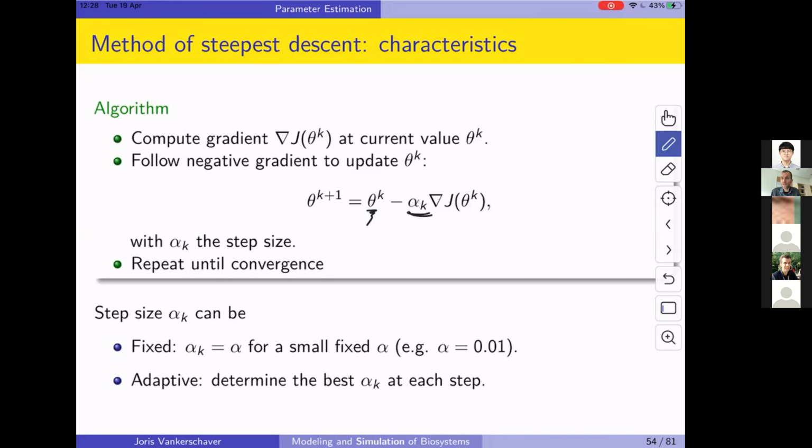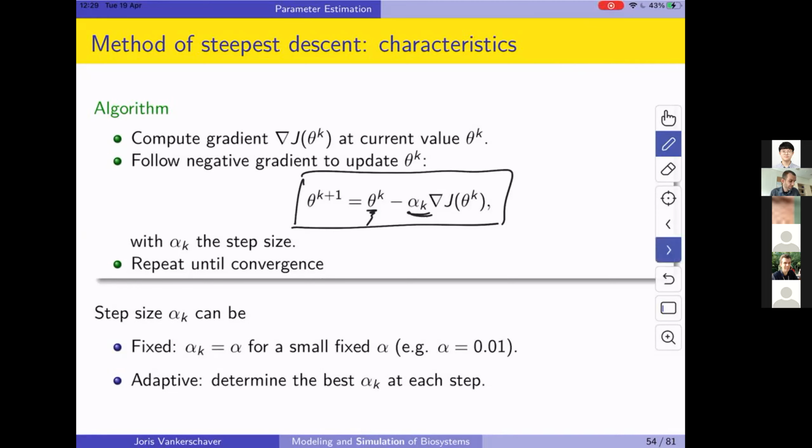How you choose that alpha k, we're not really going to go into detail because R will do that all for you. On the center of the slide here, you have the update rule. This is what you do at each iteration. And you do that a couple of times until either your parameters don't change very much or your cost function doesn't change very much. At that point you say, okay, I'm almost done. I must be at a critical point, at a minimum of the objective function.